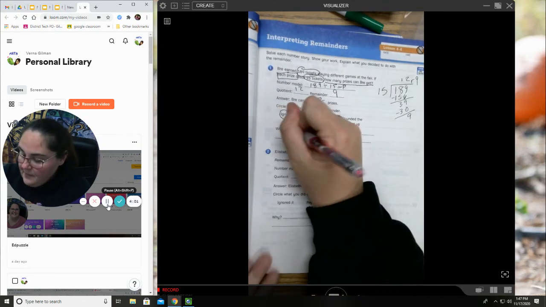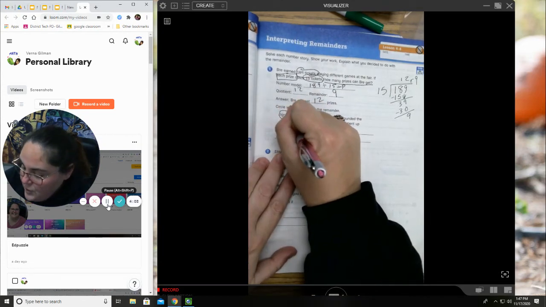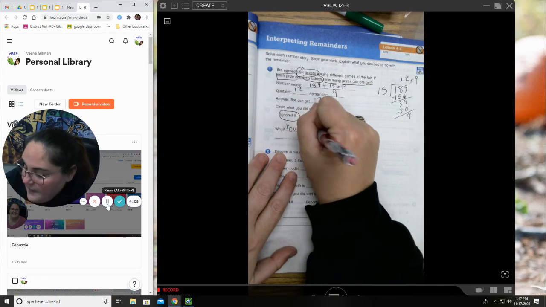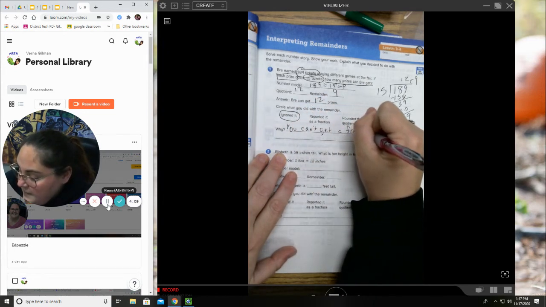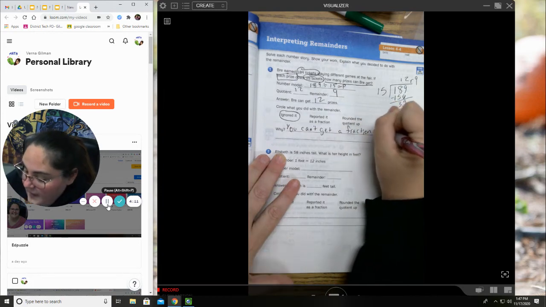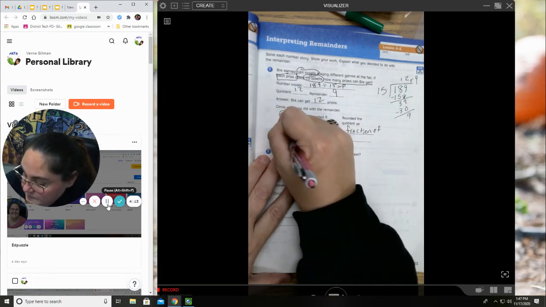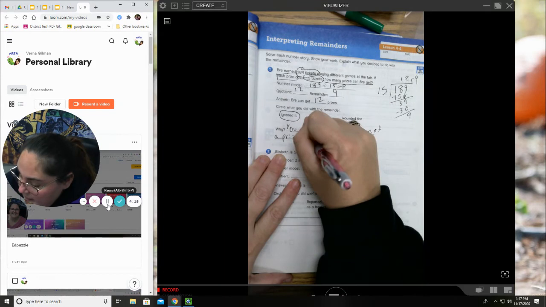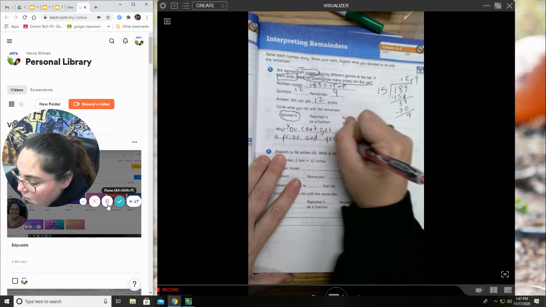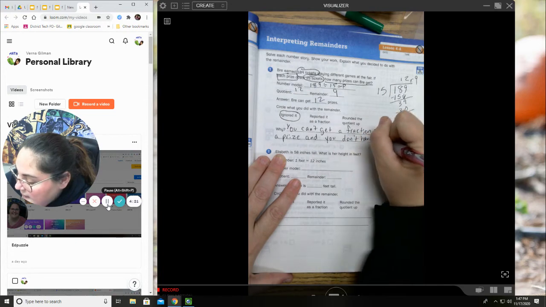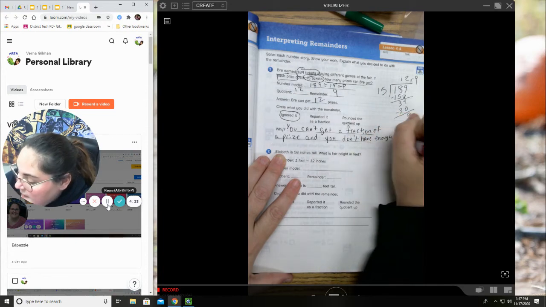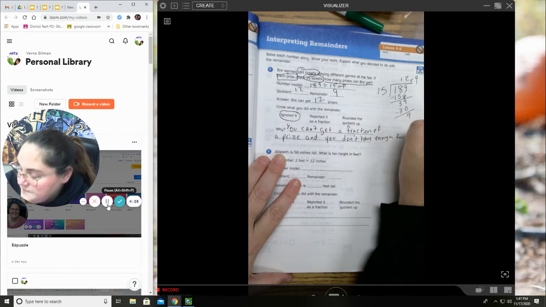Why? You can't get a fraction of a prize, and you don't have enough for 13.